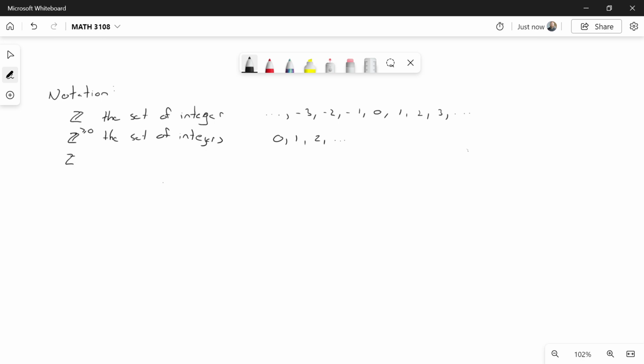We'll also have Z with the superscript plus. So this is dealing with positive integers. And remember, 0 doesn't count as a positive integer, so this is starting at 1, 2, and again, all the way up to positive infinity. We're going to have the rationals.